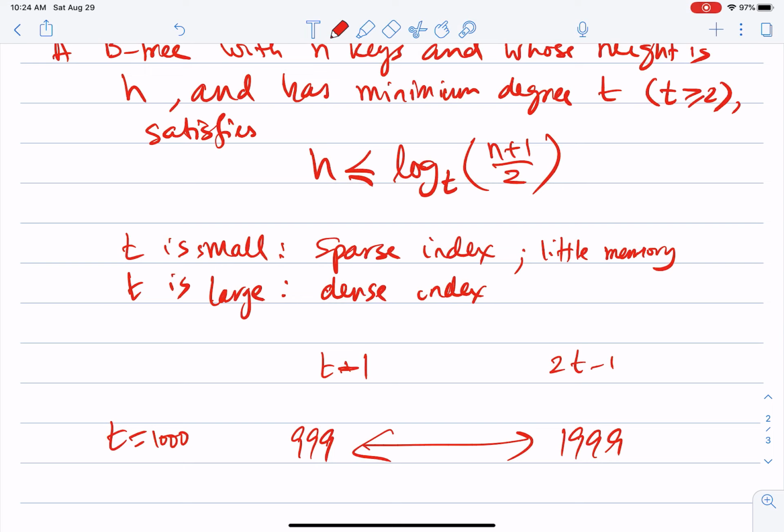When t is very large, the index is dense, it will have more memory usage, but it will have less amount of time in terms of reads and writes to the disk. But again, it doesn't mean that we should always go with the largest t possible, because we can be wasting space. With 2t minus 1 being, or 2t being 2000, for many nodes we can be just utilizing, let's say, 1000 or 1100 keys and so on, which is wasting so much space.